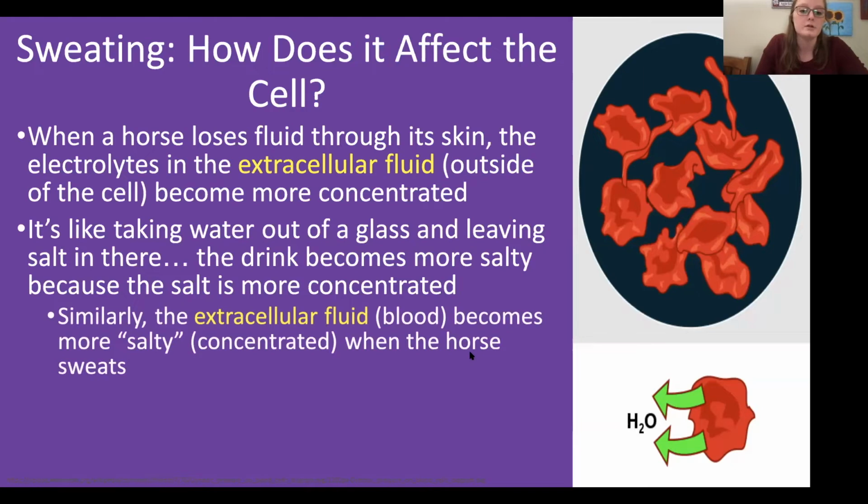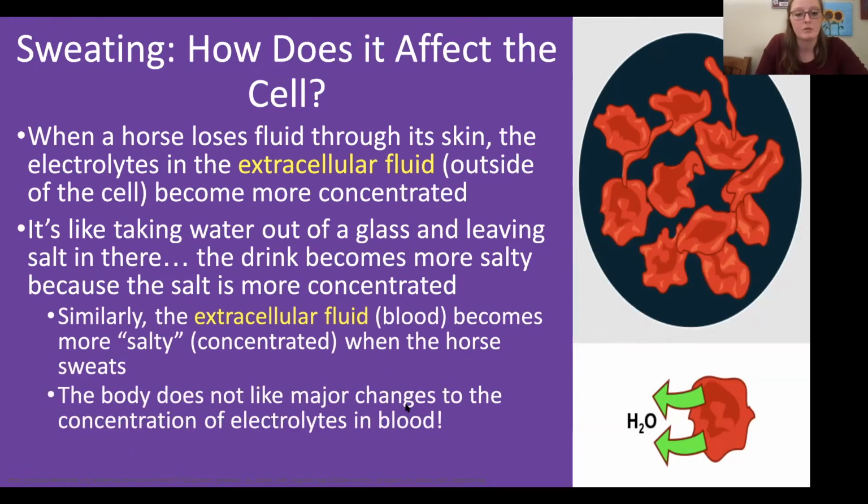Similarly, the extracellular fluid becomes more salty when the horse sweats. See? The body does not like major changes to how the electrolytes are concentrated. It can cause a lot of problems if they don't correct the fluid balances that are wrong.